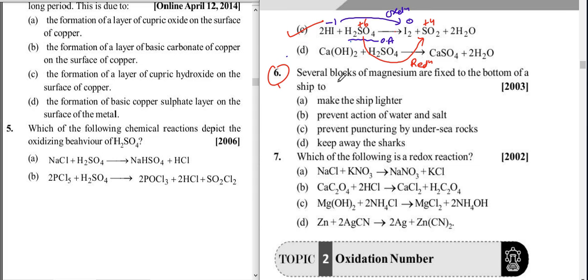Question number 6. Several blocks of magnesium are fixed to the bottom of a ship to make the ship lighter? No, generally a ship is made of iron only, the main container. See, the ship is like this.